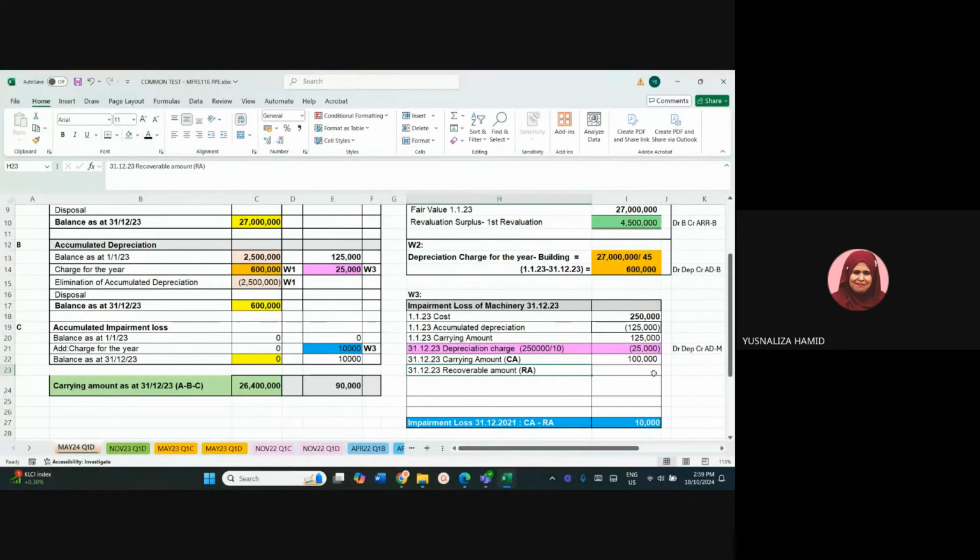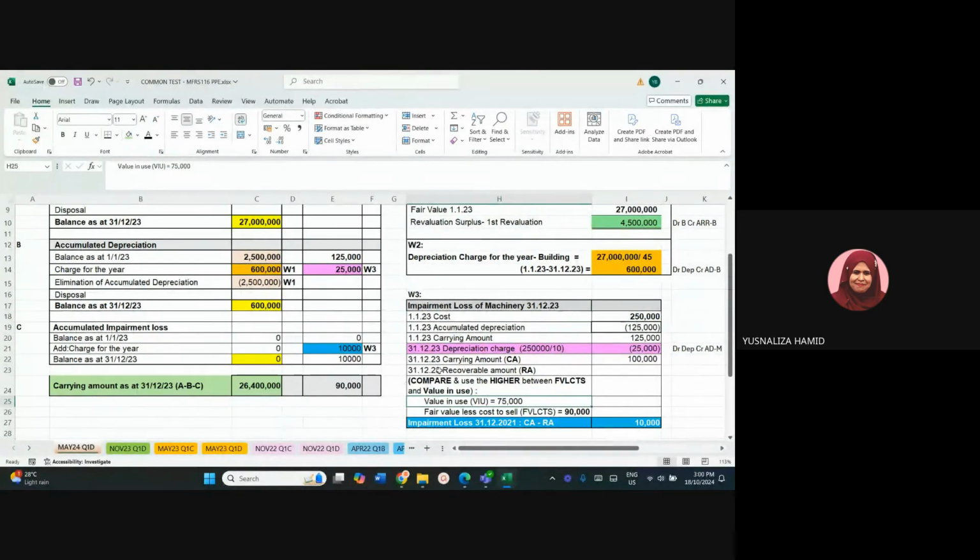Again, I recap. Recoverable amount is determined by comparing and using the higher between fair value less cost to sell and value in use. From the question, value in use is 75,000, fair value less cost to sell is 90,000.